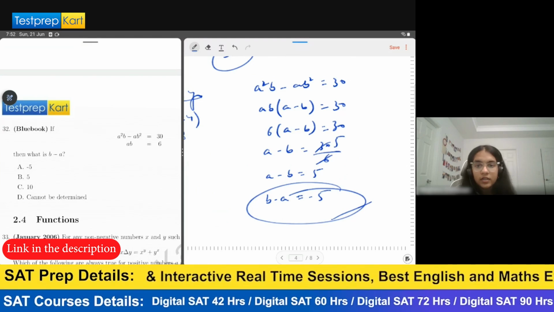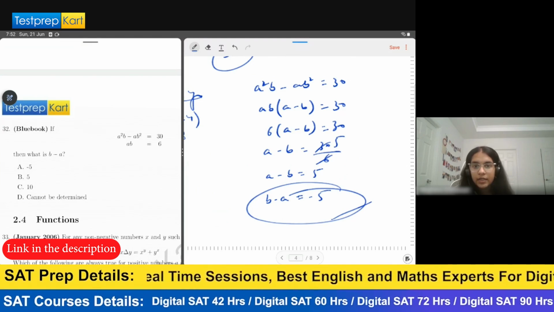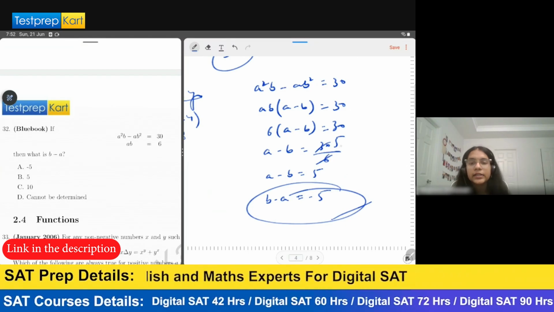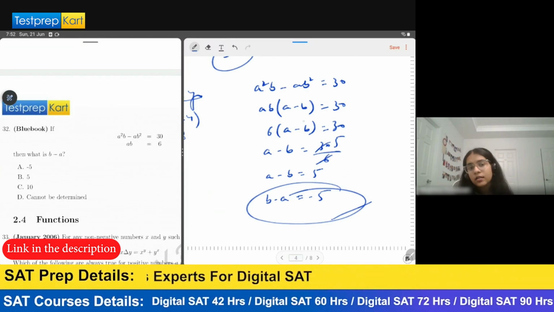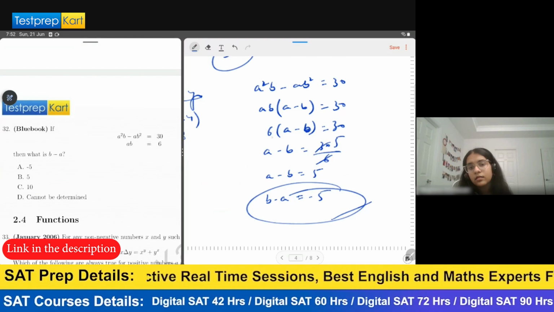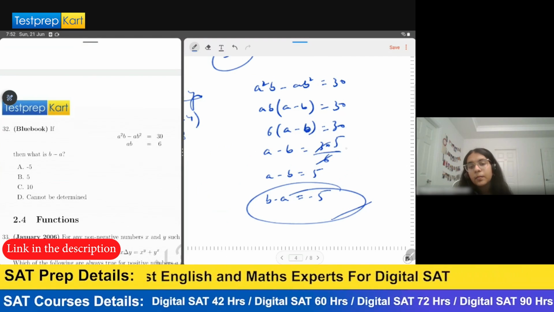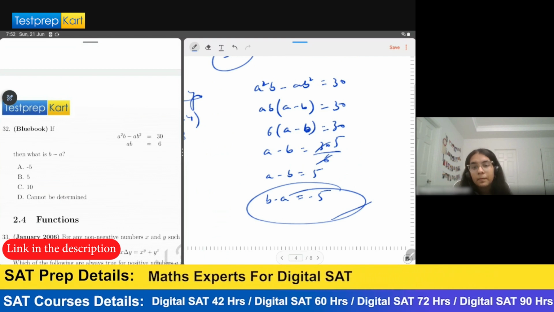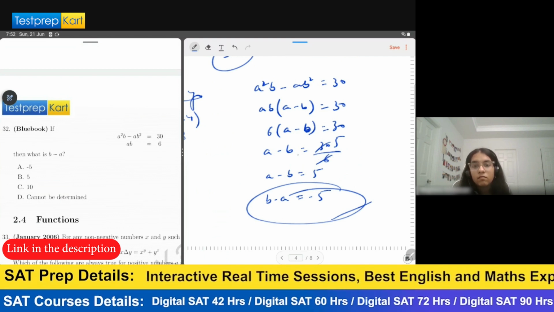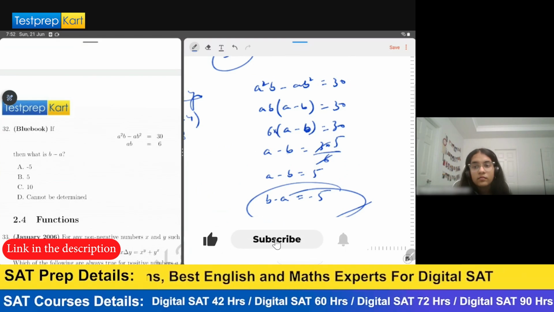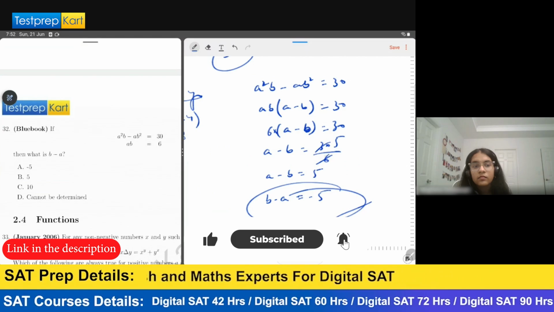I don't understand the fourth step. Like a minus b is equal to 30 by 6. Oh, a minus b. So this is 6 multiplied by a minus b, that's 30. Now when I take this 6 to the other side, it comes in the denominator, right? Division. So a minus b will be 30 divided by 6, right?